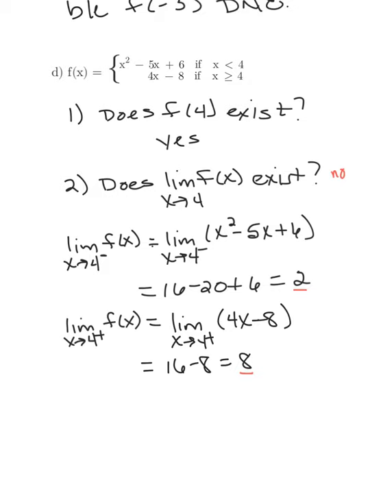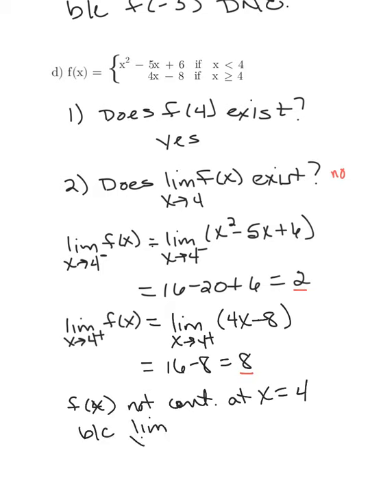So we would say that f of x is not continuous at x equals 4 because the limit as x approaches 4 of this function f of x does not exist.